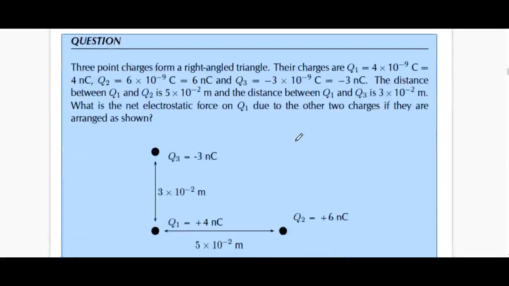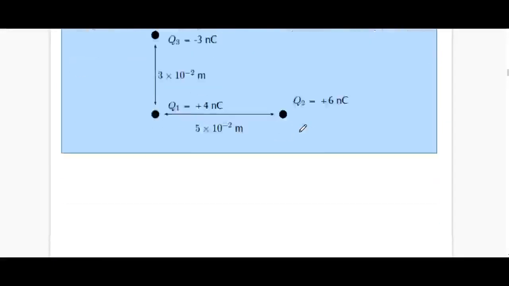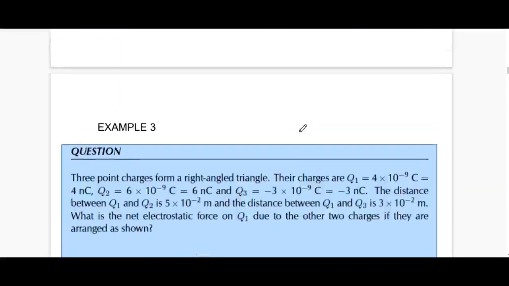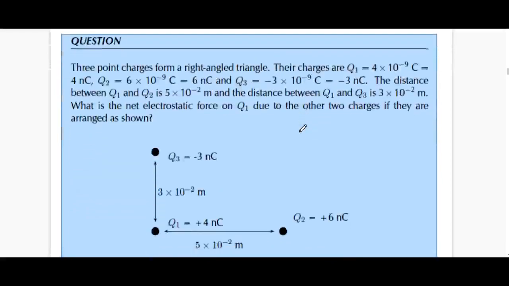Okay, let's do another example on Coulomb's law. Three point charges form a right angled triangle. Their charges are Q1, Q2, and Q3.